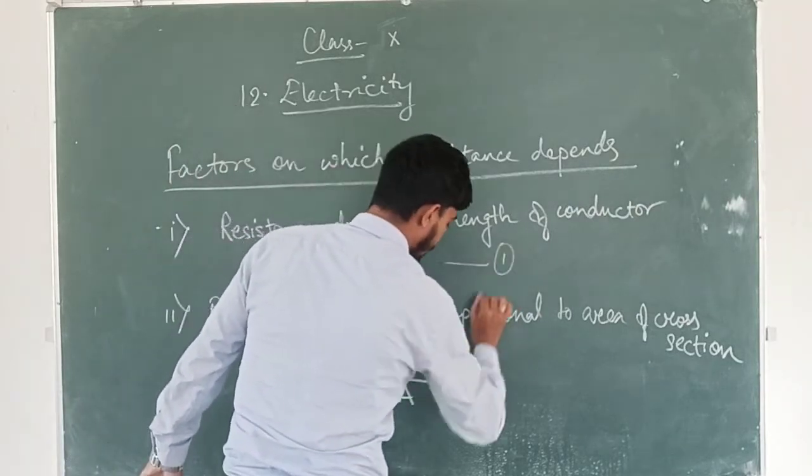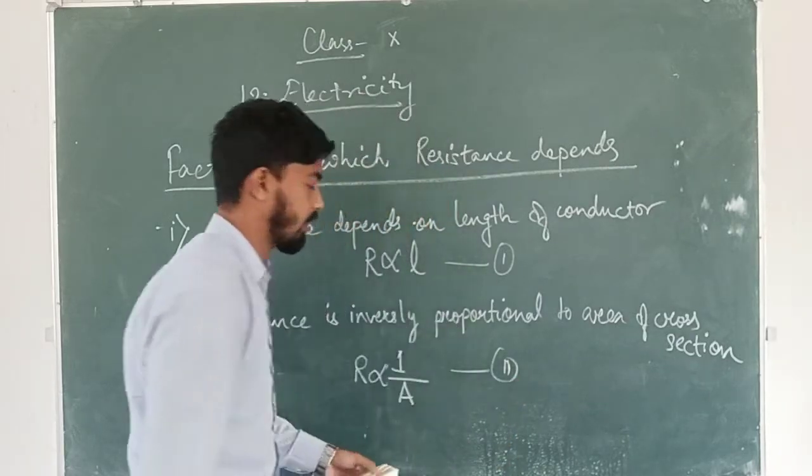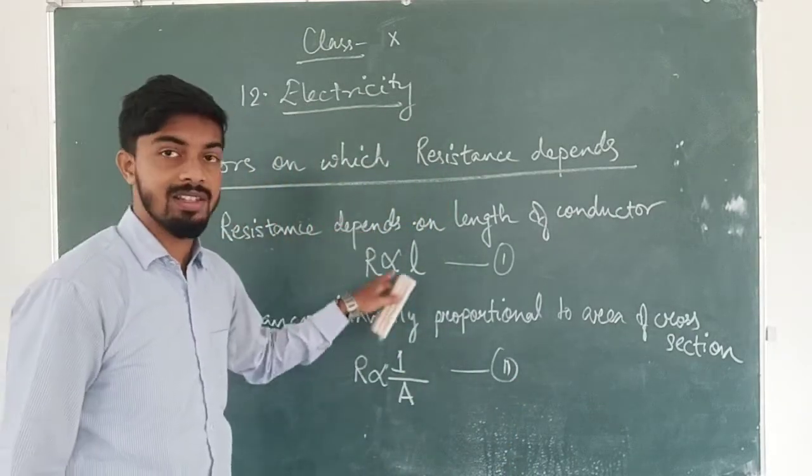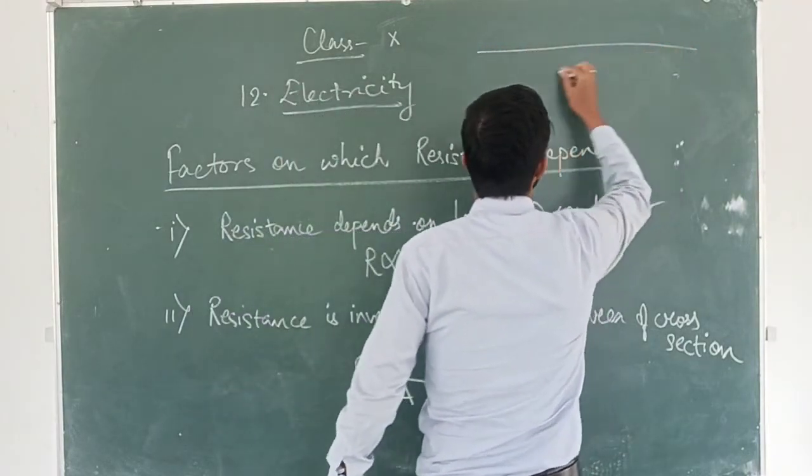So using 1 and 2, let us understand how this works. First of all, the length.